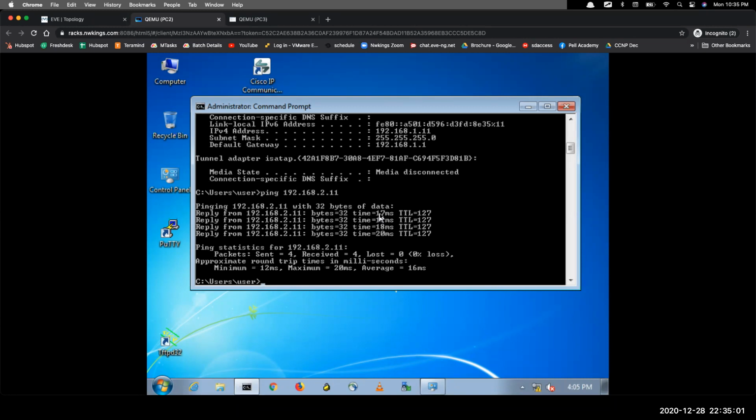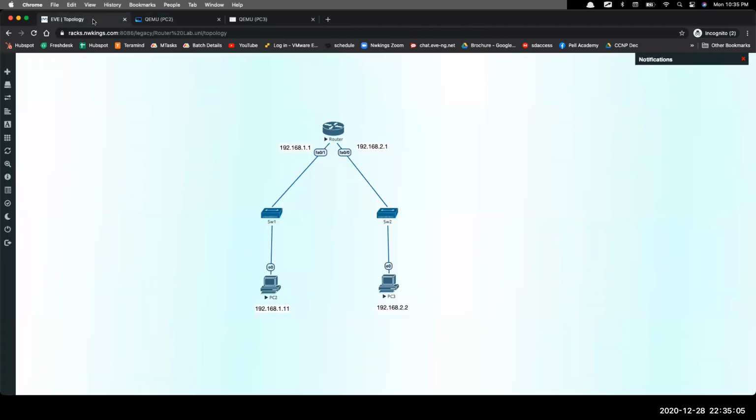How to check the assigned PC IP from the router? Okay, I'll explain this tomorrow with ARP. Tomorrow is a very important class to understand ARP.